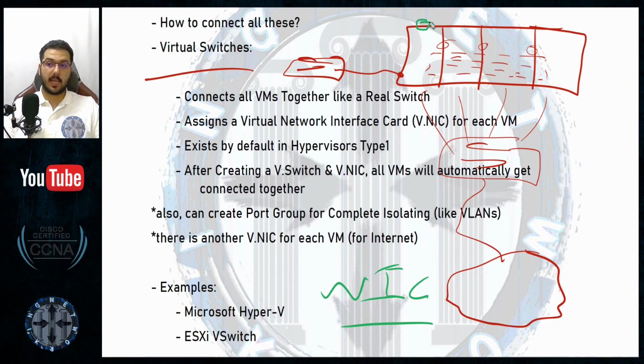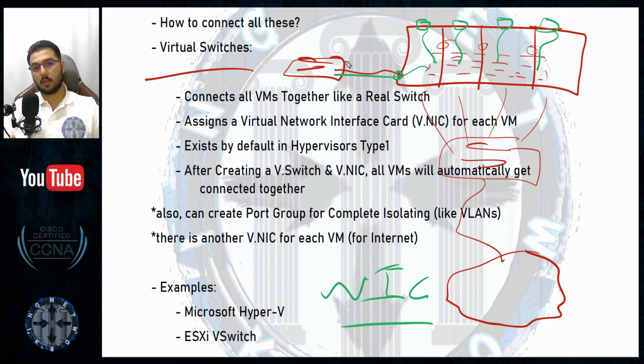So it will create virtual NICs for every single VM. It will virtually connect all of them to itself, to the virtual switch. You virtually have a switch inside the server, virtually have connections to it, and virtually this switch can also be bridged here, and it can be connected to your network.